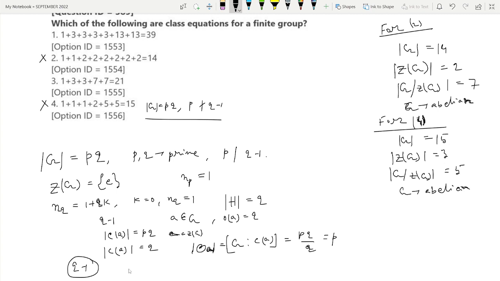So such q minus 1 elements will be divided into these orbits.